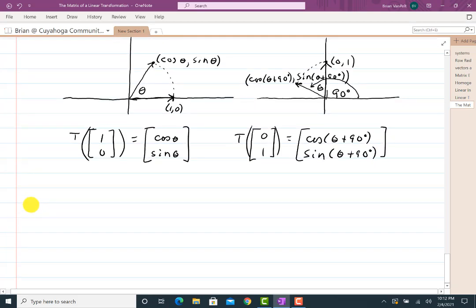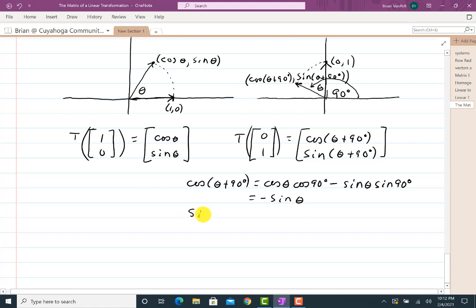I want to clean up a little bit. Remember this. Cosine of theta plus 90 degrees equals cosine of theta times cosine of 90 degrees minus sine of theta times sine of 90 degrees. These are the sum of angles formulas for the trig functions. Well, cosine of 90 degrees is 0. Sine of 90 degrees is 1. So this ends up being negative sine theta.